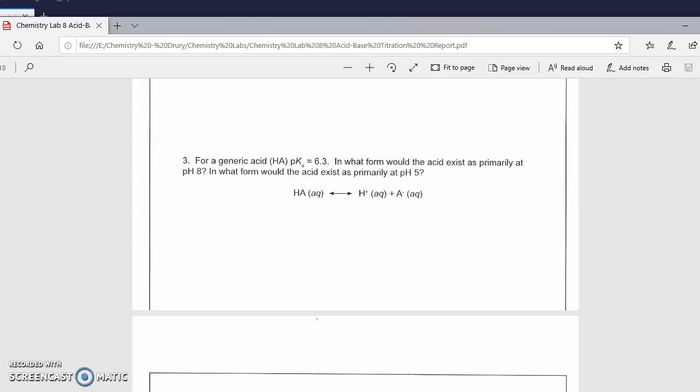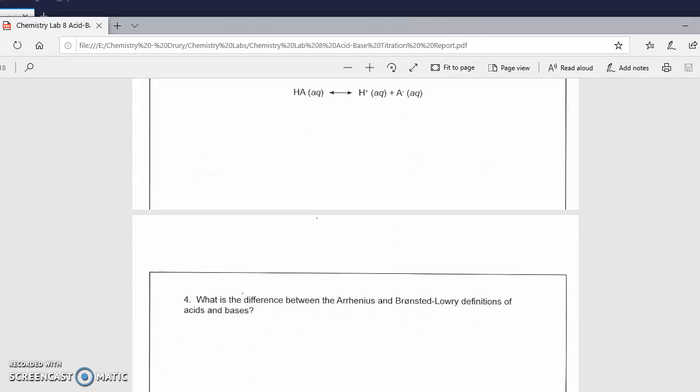At a pH of 5, pH is lower than pKa, so the acid would primarily exist as the HA, this side. So pH 8, it's primarily this ion. pH of 5, it's primarily this species. Okay? Just to give you an idea of how those things are thought about.